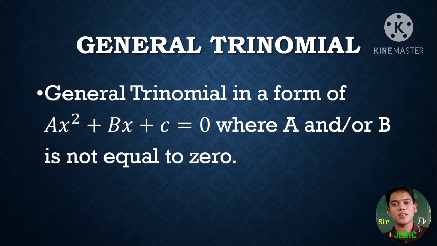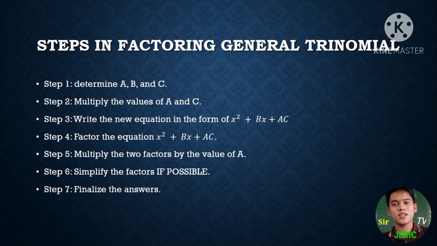Ang gagawin na po natin ngayon ay the first one is to determine. So these are the steps in factoring general trinomial using AC method. Step 1 is determine a, b, and c, or the values of a, b, and c. The second one is to multiply the values of a and c.